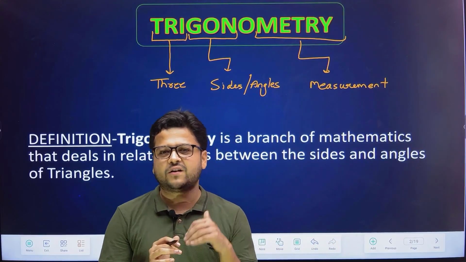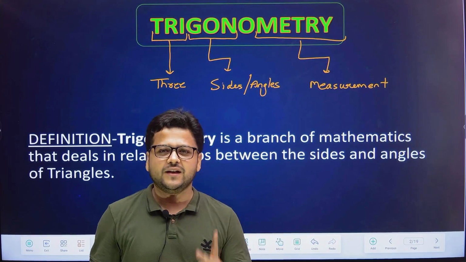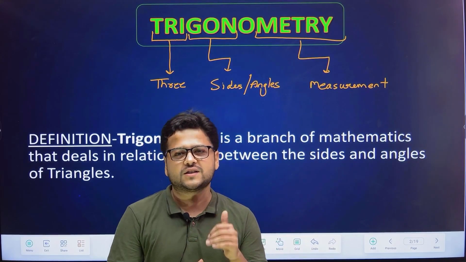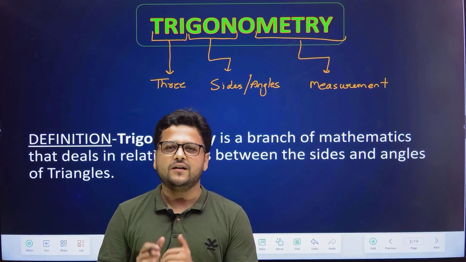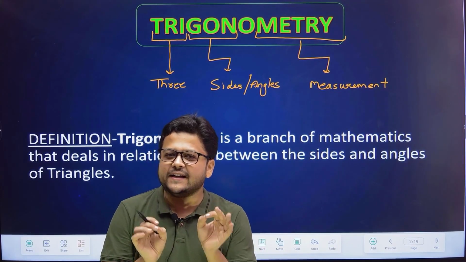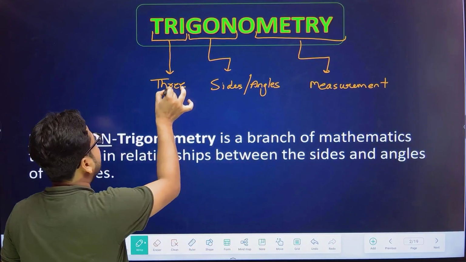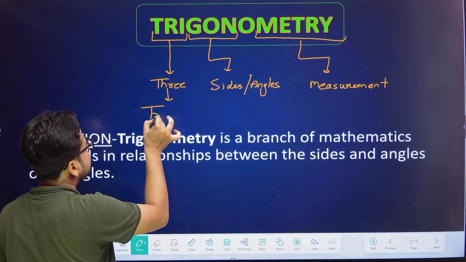How to measure a triangle? We can measure a triangle in two ways. Either measure the sides of the triangle or find out the angles in the triangle. Angles means interior angles in the triangle.